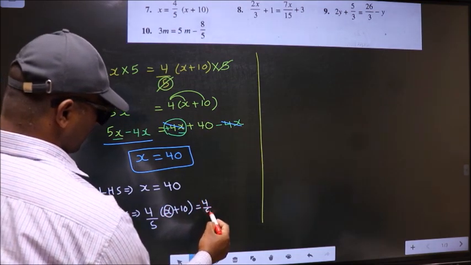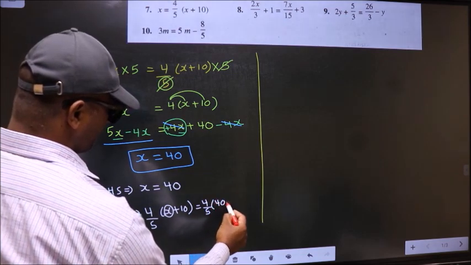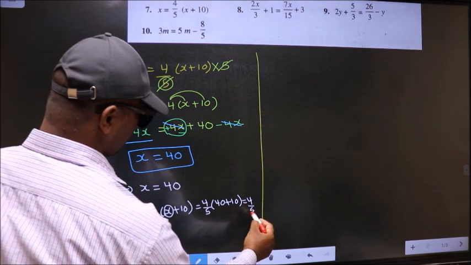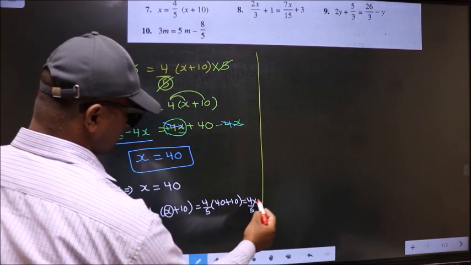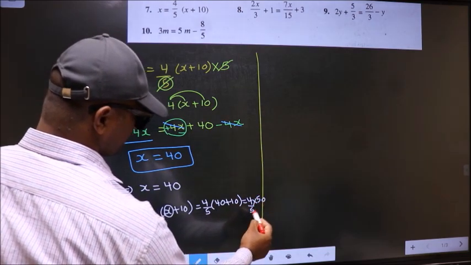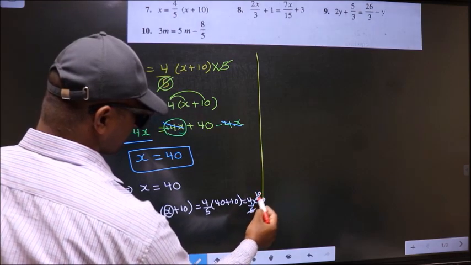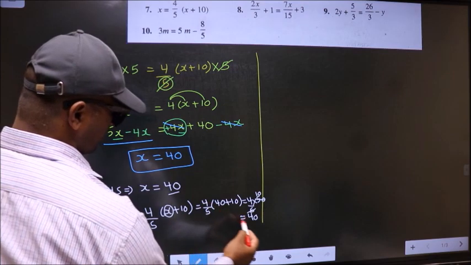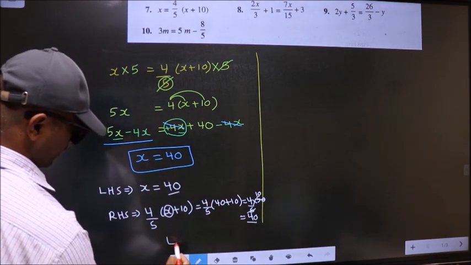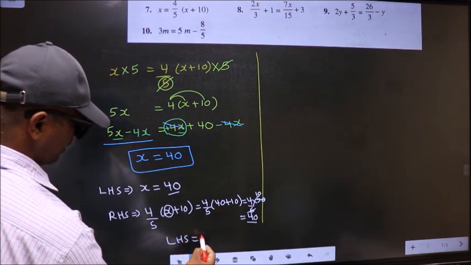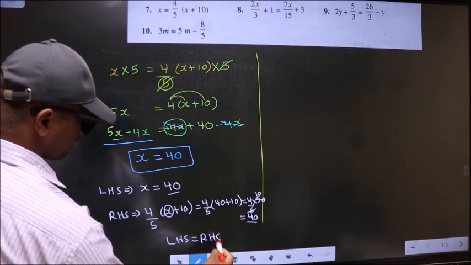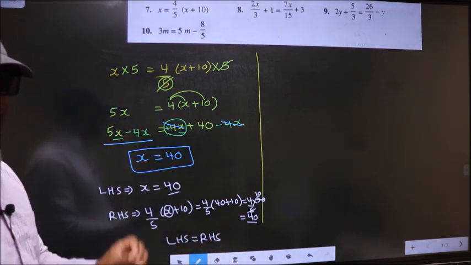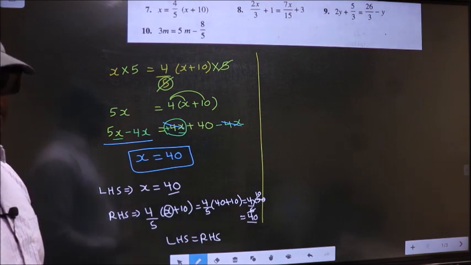So 4 by 5 of (40 plus 10). That is 4 by 5 into 50. So 5 ones, 5 tens. 4 into 10, 40. So we got these two the same. That is LHS equal to RHS. So that confirms our answer is correct.